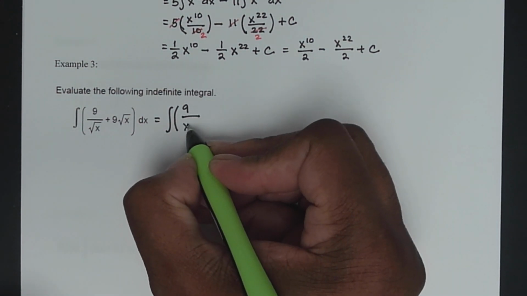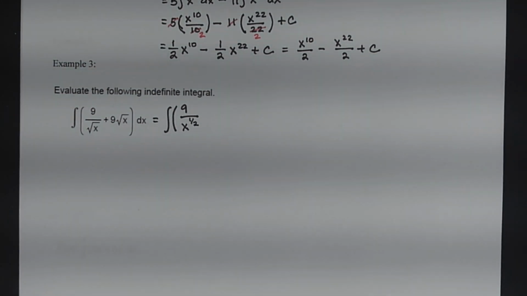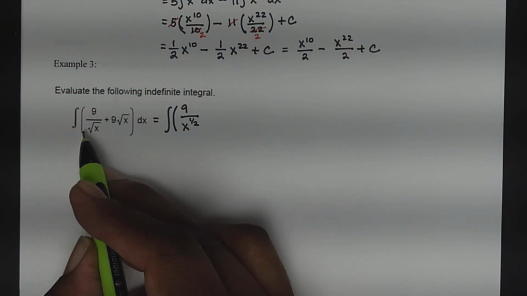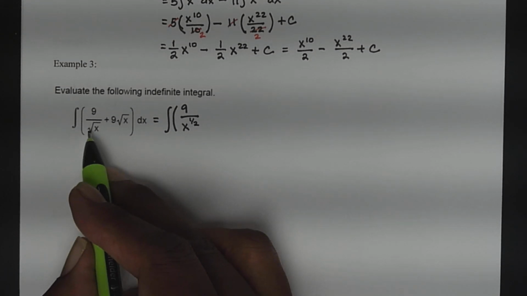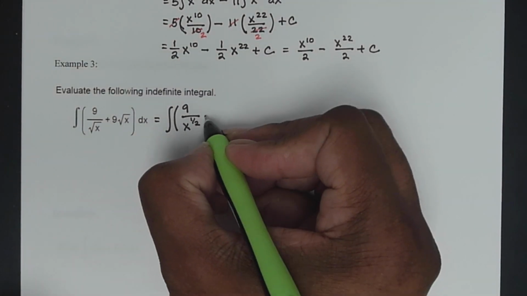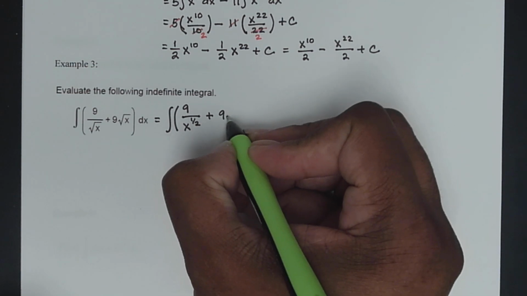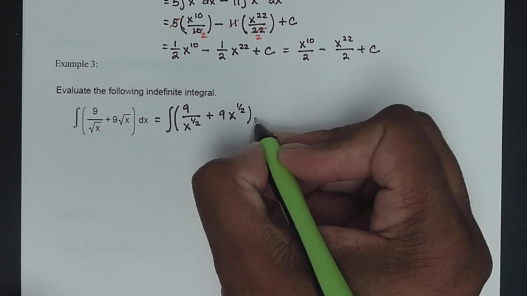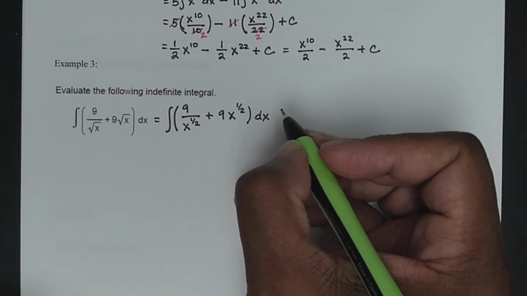That's going to be x to the 1/2 power. Keep in mind that the x has the understood exponent of 1. The index is the understood 2, so it'll be 1 over 2, x to the 1/2. Plus 9, and the square root of x again will be x to the 1/2 dx.